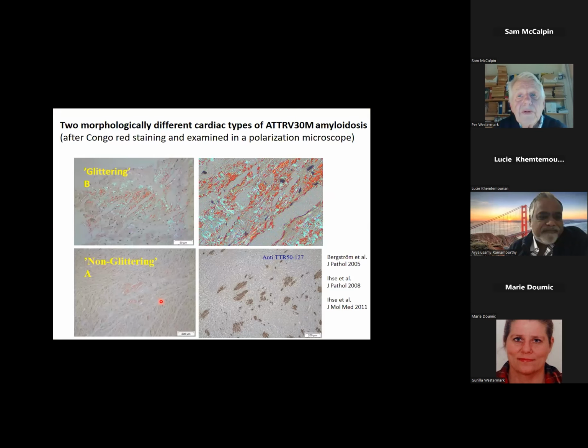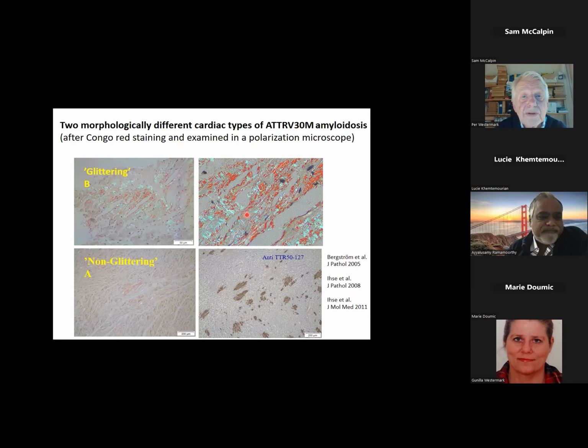We saw a number of years ago that if we looked at MET30, ATTR valine 30 MET30 is more easy to say, and looked at cardiac specimens in the polarization microscope, after staining with Congo red.